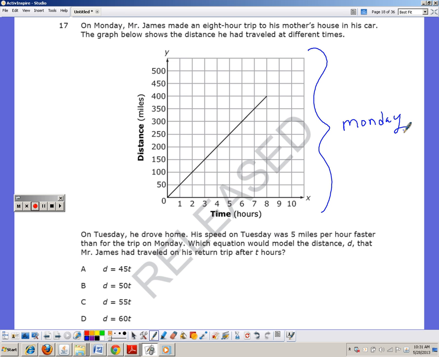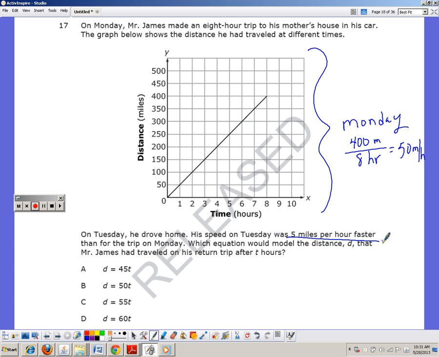So, first step, find out Monday how many miles he traveled. If you look here, he did 8 hours, and it was 400 miles. So Monday, he will do 400 miles divided by 8 hours. That is 50 miles per hour. Tuesday, it was 5 miles per hour faster.